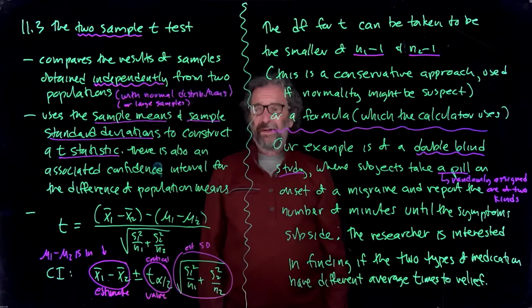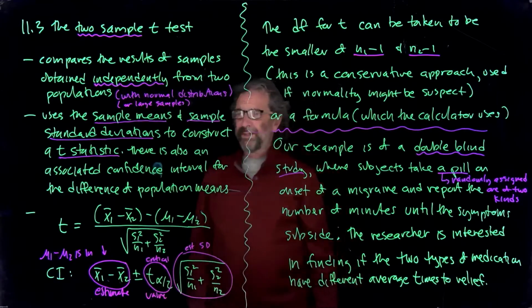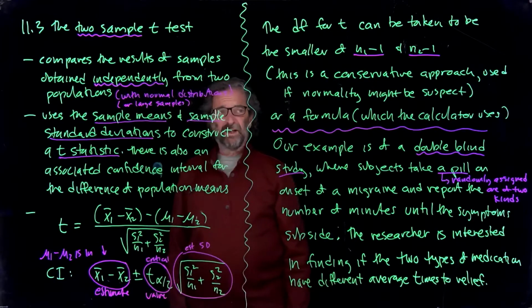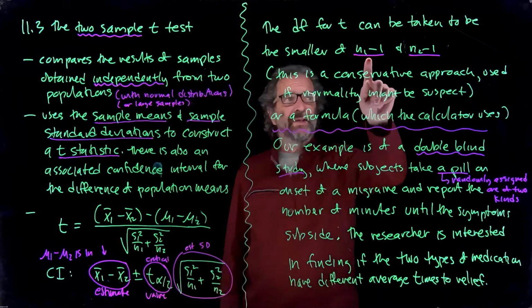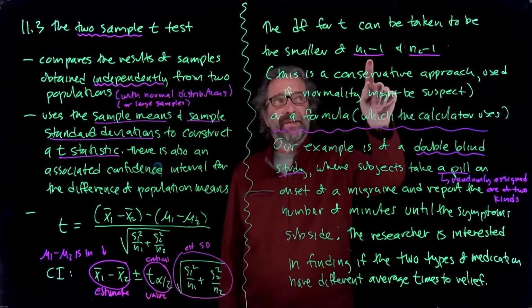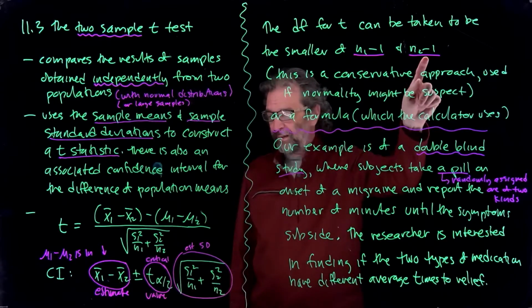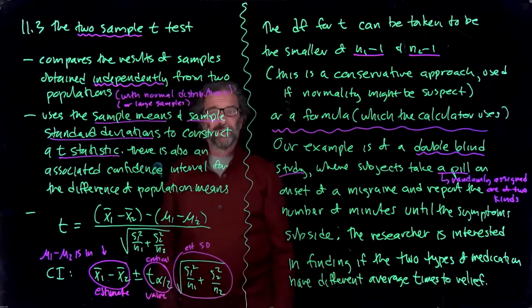So if you're worried about whether or not you've met the conditions explicitly, that things might be a little off, one way to counteract that is to use this estimate for the degrees of freedom. It makes it harder to reject the null hypothesis, and it makes the confidence interval wider. So we call that a conservative approach.